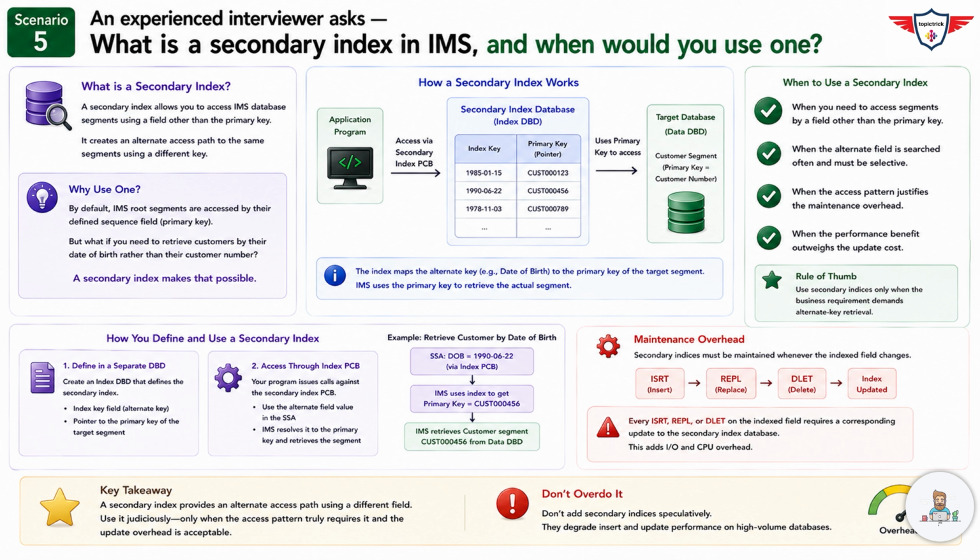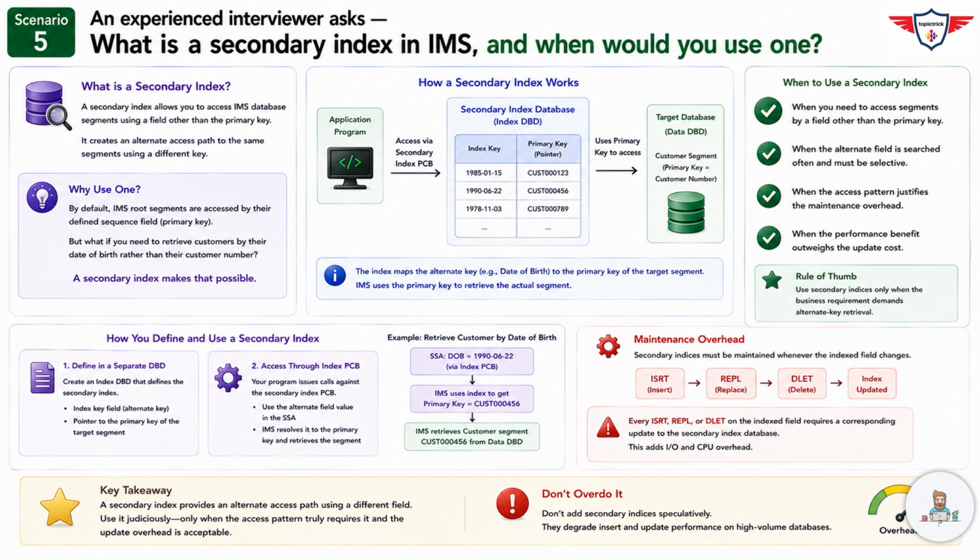It creates an alternate access path so a program can retrieve a segment using another field without changing the primary database structure. Technically speaking, IMS stores this index in a separate index database that maps the alternate key back to the actual database record. The program then accesses the database through a secondary index PCB and uses the alternate value in the SSAs, that is, segment search arguments.